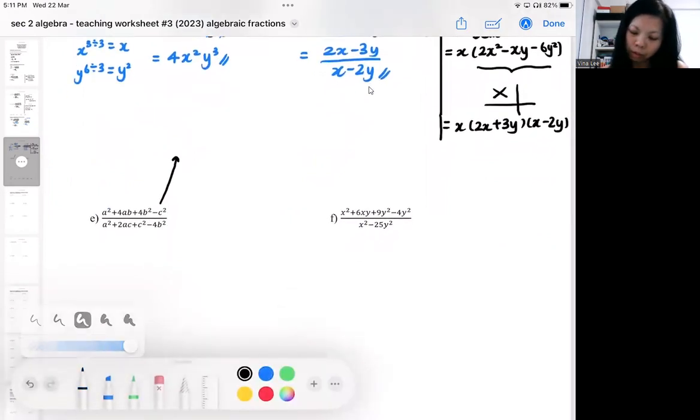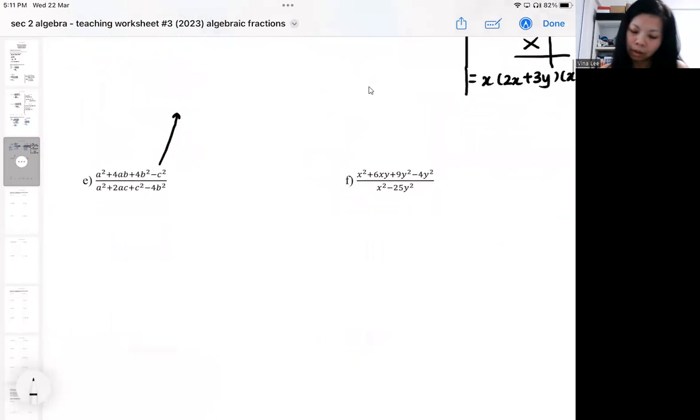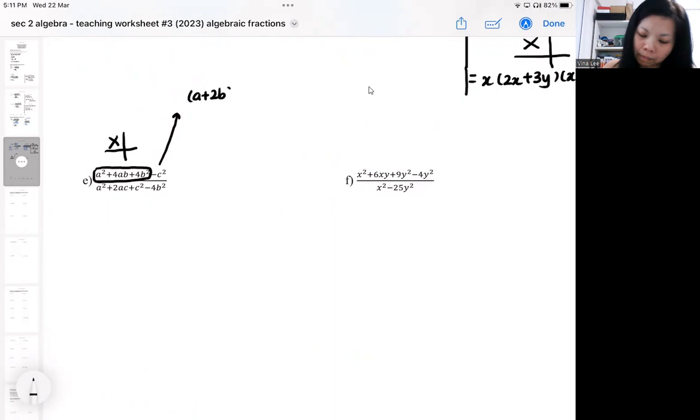I'm going to tell you, in this one, this part is your cross or your identity. See whether you can discover it or not. This one will actually give you a plus 2b. And then the numerator will become like this.